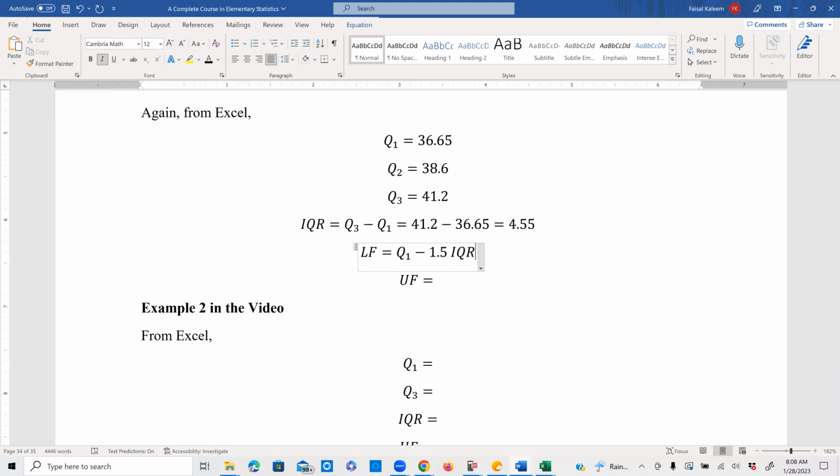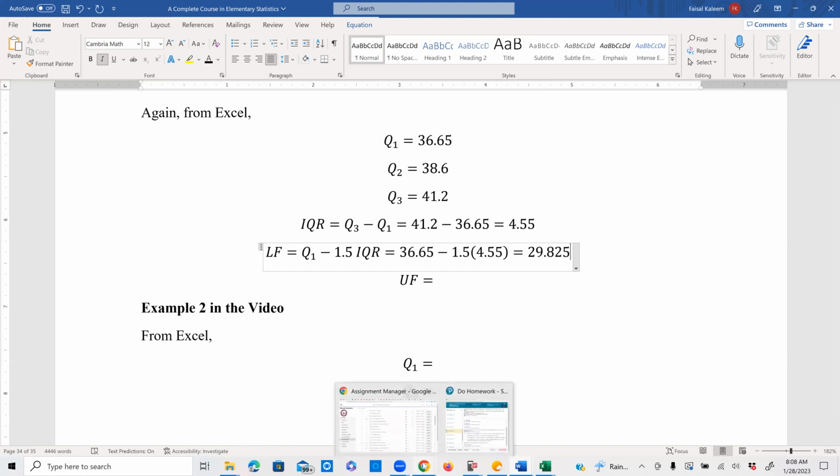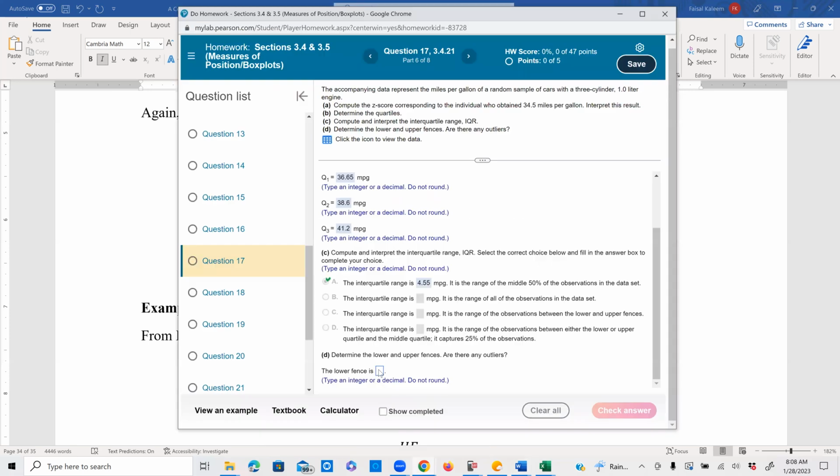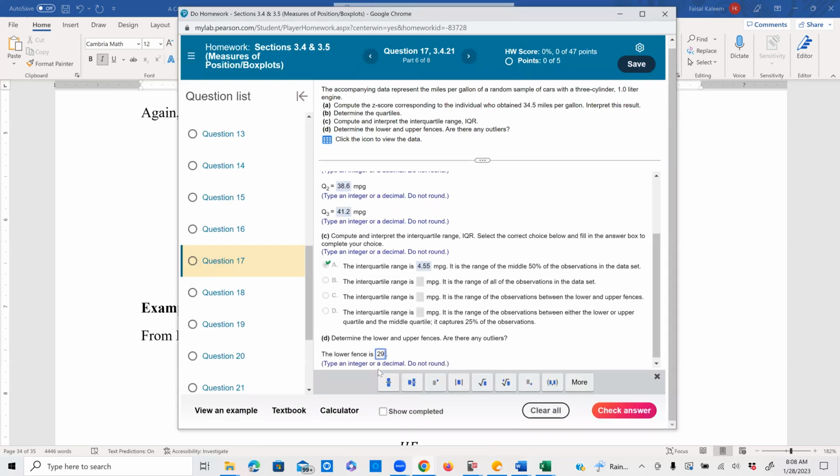And that will be equal to 36.65 minus 1.5 times 4.55. And we get 29.825. Let's record it.